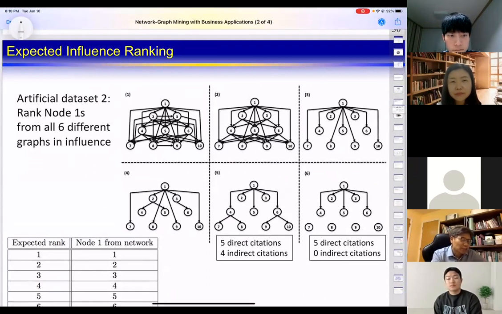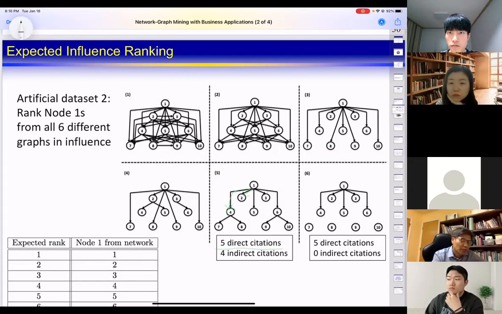Usually, if you use the original adjacency matrix, an influential node is one that counts direct citations. Can you follow me? This is direct citation, right? How many? Paper 4 is citing 2, 3, 4, 5, right? 5 direct citations.